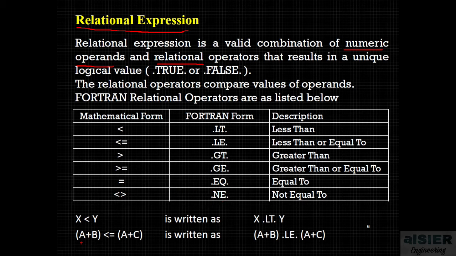Similarly, if you want to write a plus b is less than equal to a plus c, in Fortran we will write it like this: a plus b dot le dot a plus c.